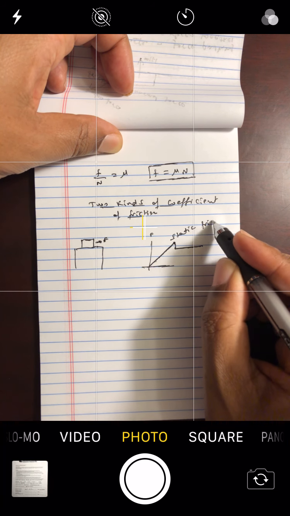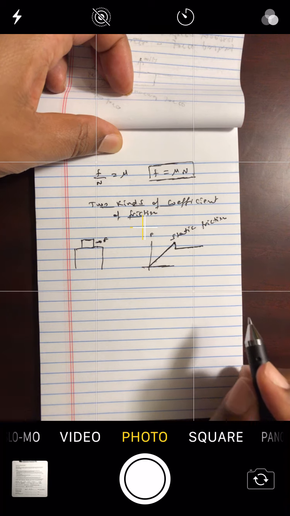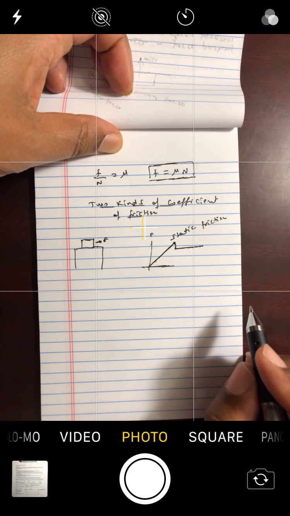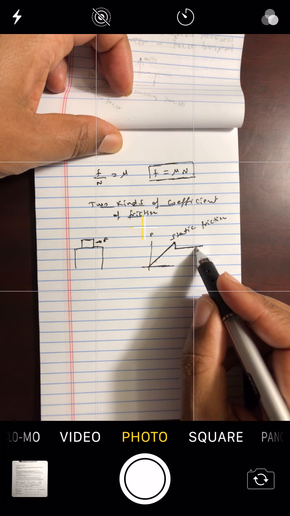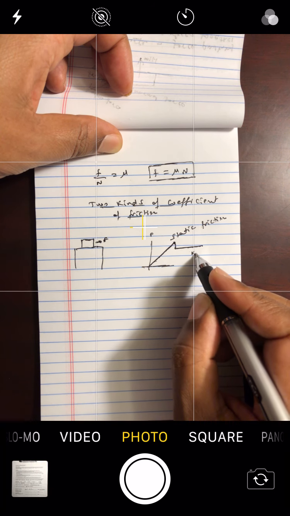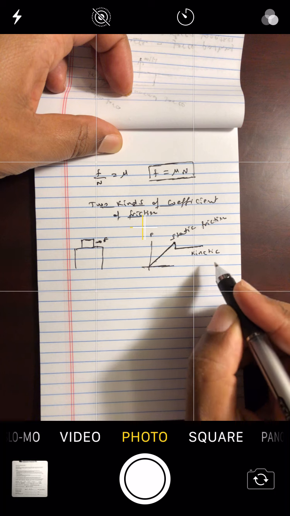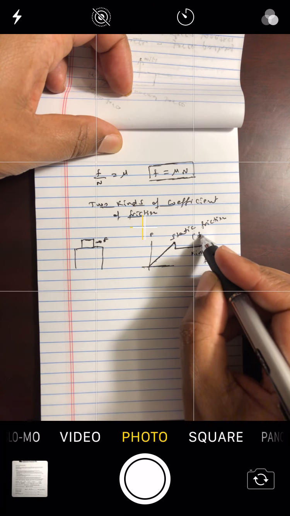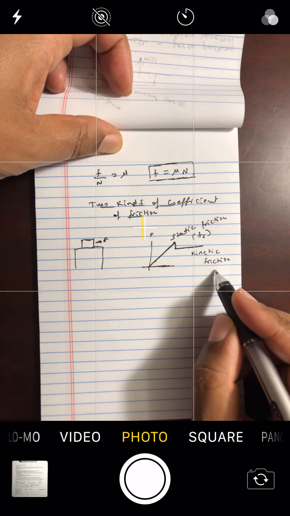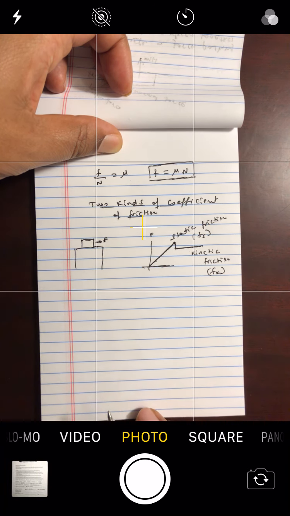Static friction is the friction that exists when the object just starts to move, and the friction that exists when the object is moving is called kinetic friction. So let's use Fs for static friction and Fk for kinetic friction.